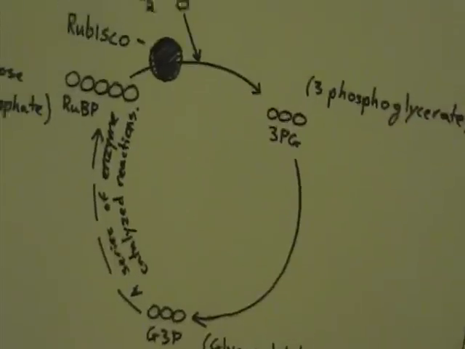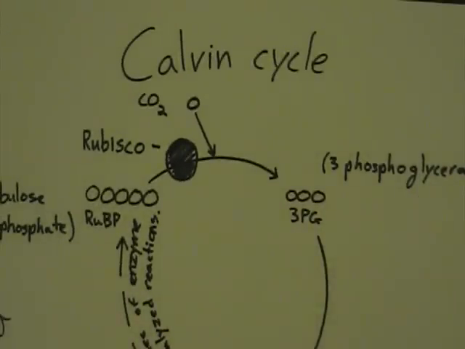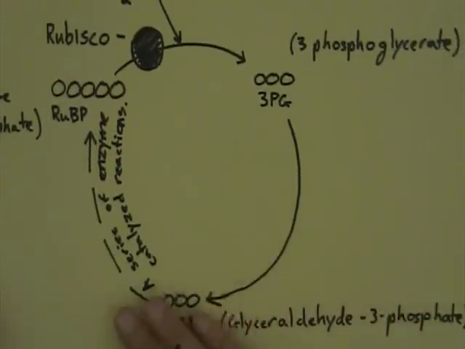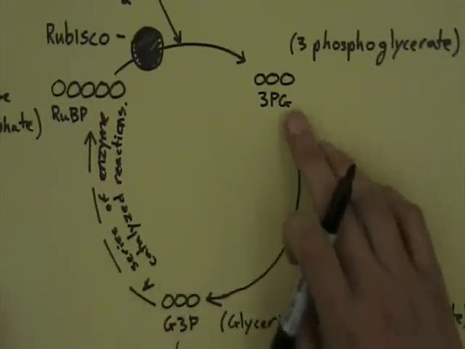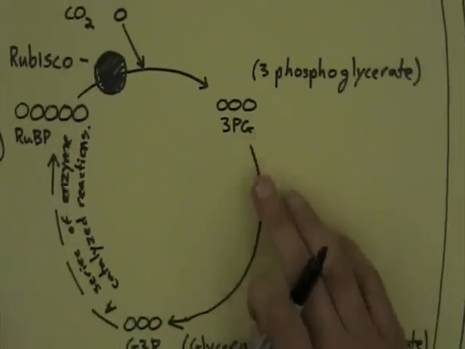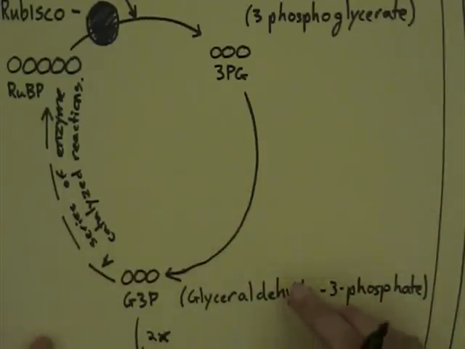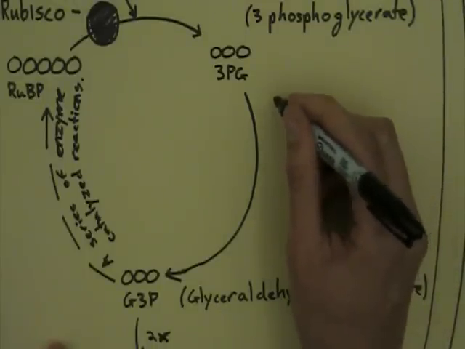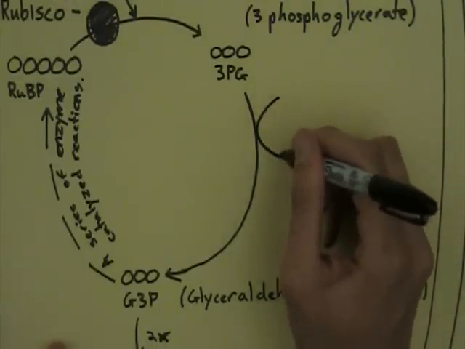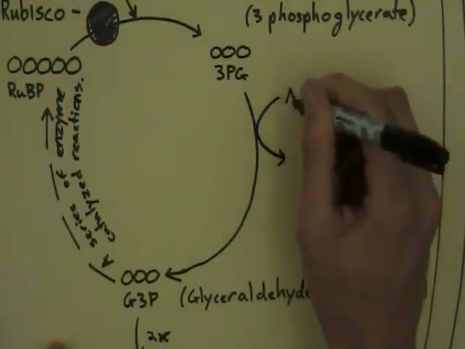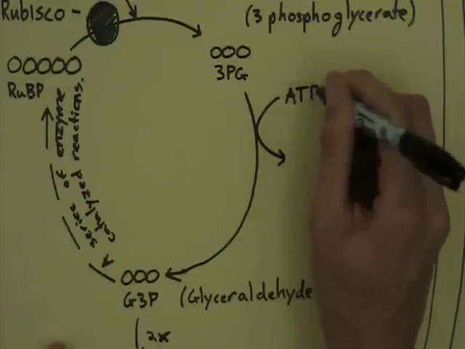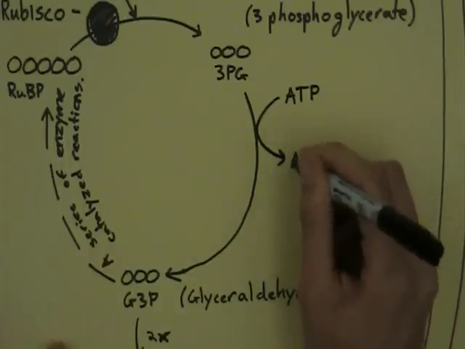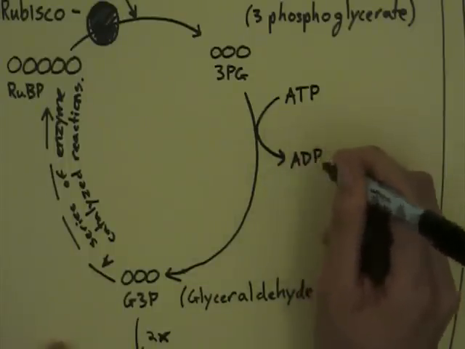So what is enabling this to happen? Because this doesn't just happen on its own, we need to put in energy. In particular, we need to put energy in these 2 stages here. To convert 3-phosphoglycerate into glyceraldehyde 3-phosphate, we need to use ATP in order to phosphorylate the molecule, and this produces ADP here.